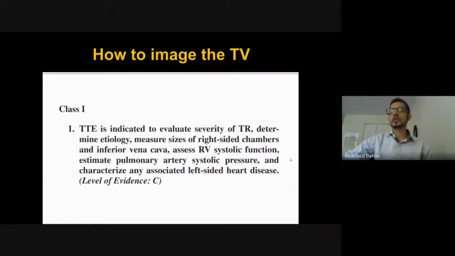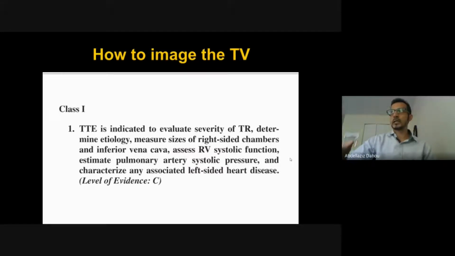How to image the tricuspid valve? Of course, we have transthoracic and transesophageal, and we have 2D and 3D images. For transcatheter devices, the TEE, the transesophageal echo, will be the main modality.